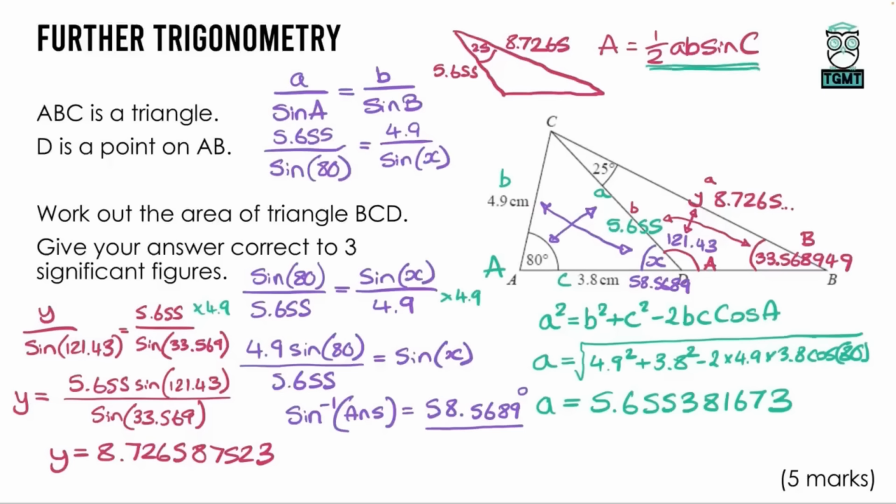There's a lot of working out up to this point. So I just need to type into my calculator 1/2 times A. It doesn't matter what order we put A and B in. So we've got 0.5 times 5.655 times 8.7265 times sine of 25, the angle that we're using there.